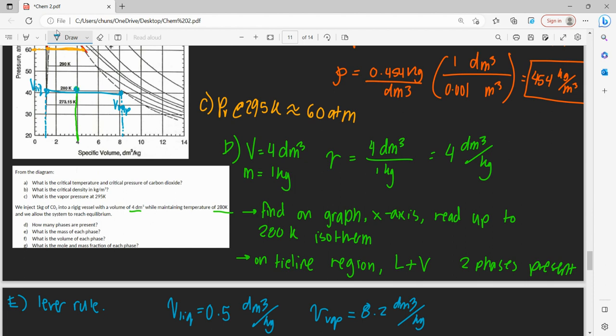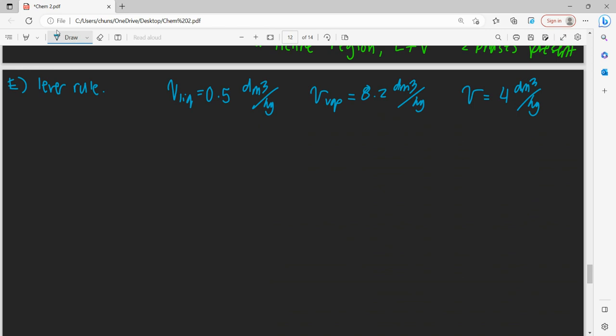Our V is the point that we plotted from our initial settings. So then this is 4. Okay, let's find our mass of our liquid phase.